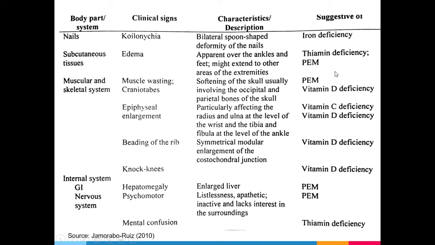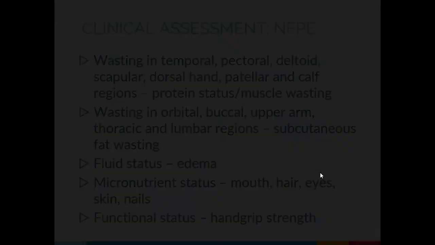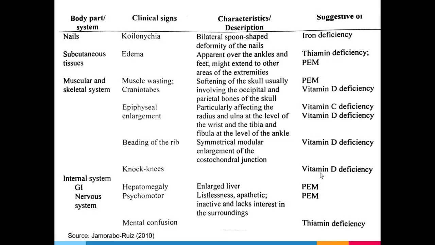We also have thiamine deficiency for edema, muscle wasting, of course, that's SPAM or protein energy malnutrition, craniotabes, epiphyseal enlargement, bleeding of the rib. Okay, mauning mga possible nutrient deficiencies. Knockness, vitamin D deficiency. We also have hepatomegaly, mental confusion, thiamine deficiency. Okay. So, examples lang ni siya.